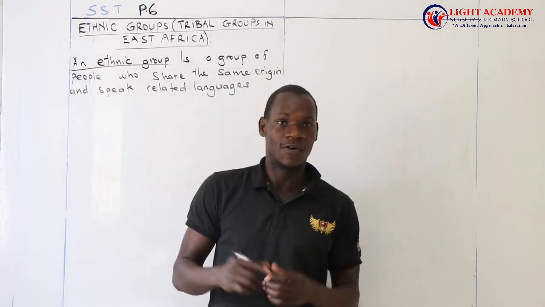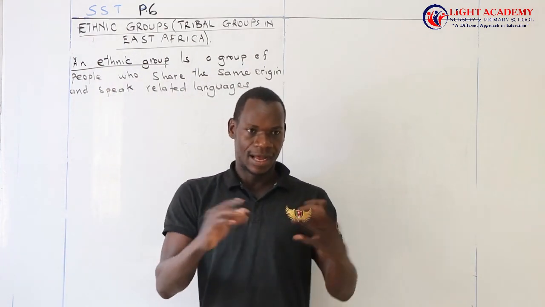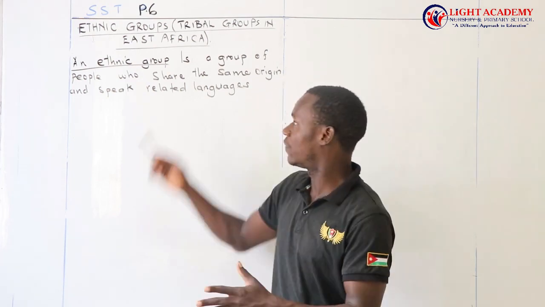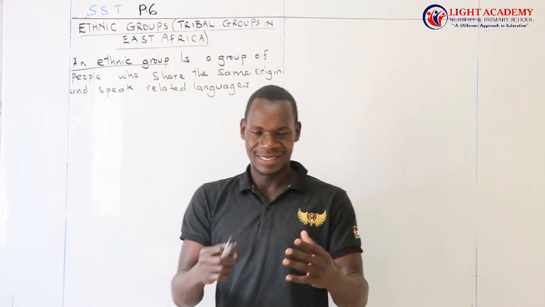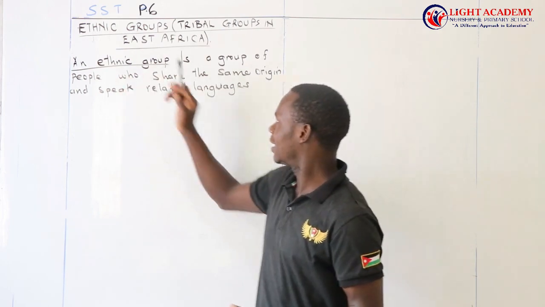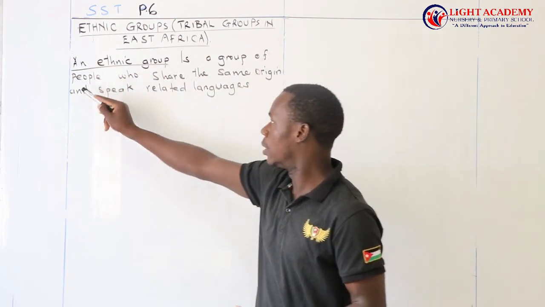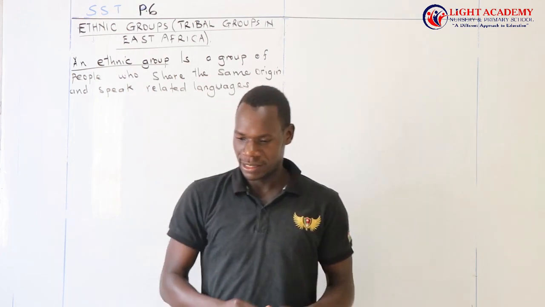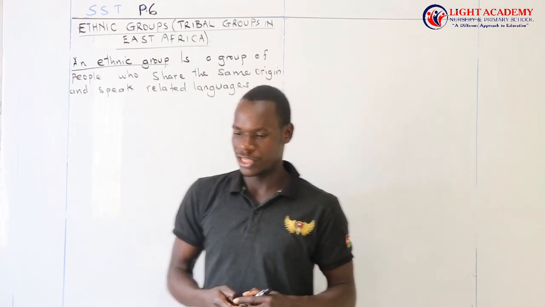My dear viewers of primary 6, we have very many definitions of an ethnic group, but we can take this. An ethnic group is a group of people who share the same origin and speak related languages.